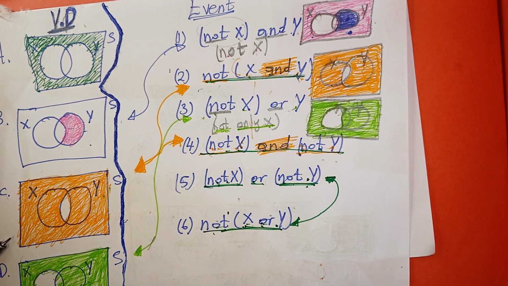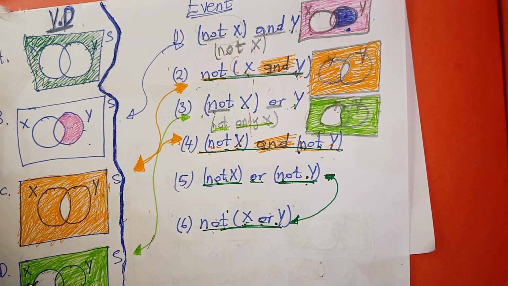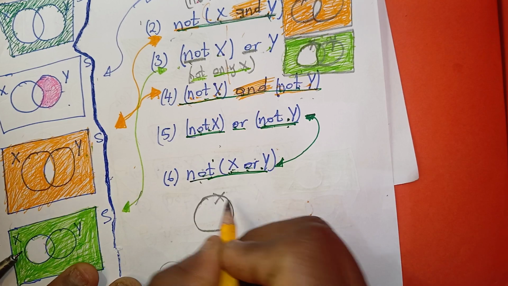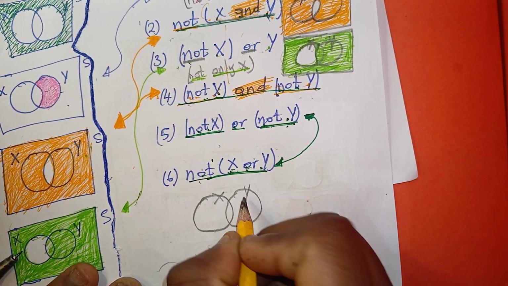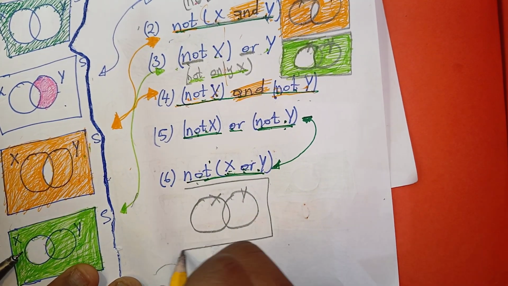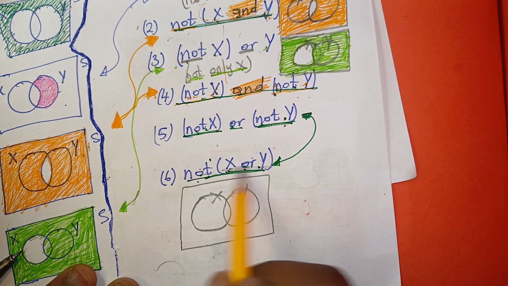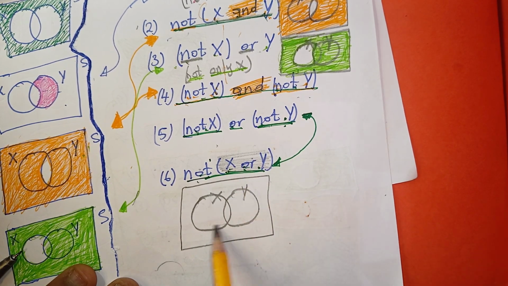So now let's draw the Venn diagram of this thing. Here we've got two events, x, and we've got another one, y. When I say x or y, I'm referring inside these two circles.